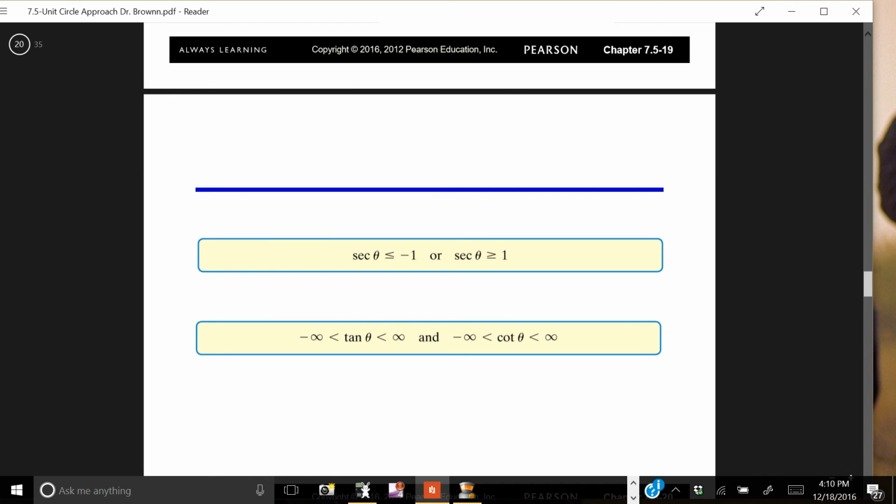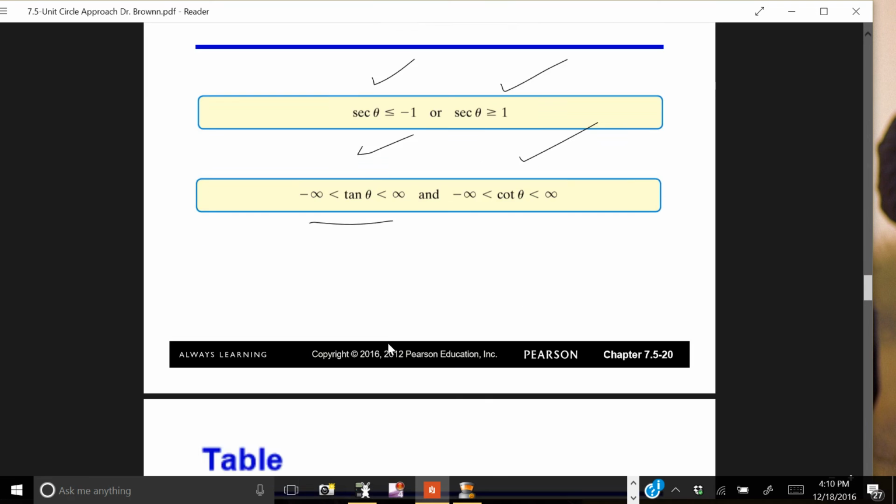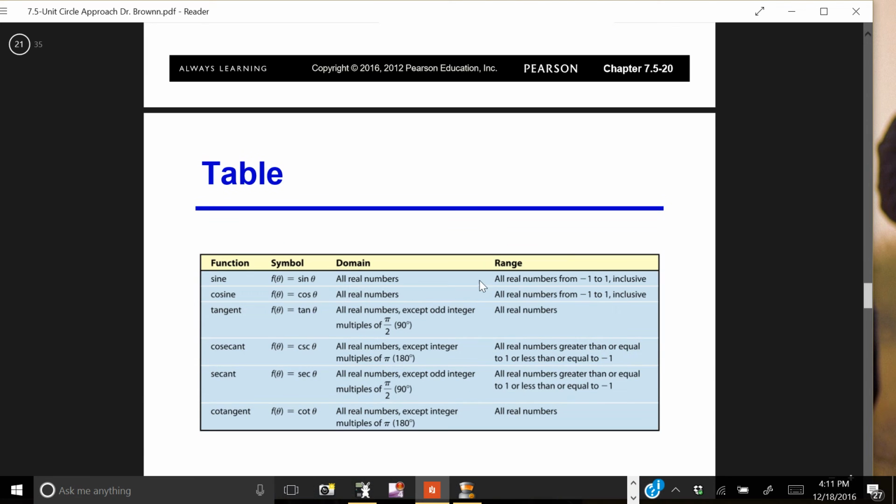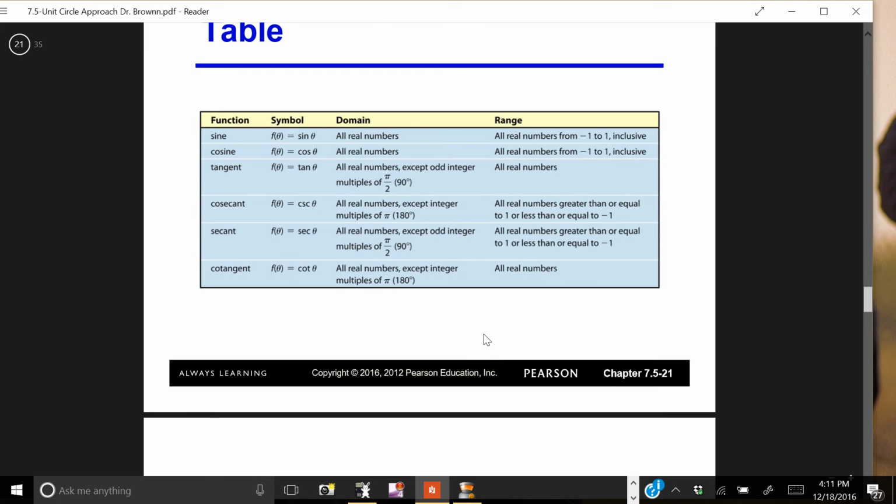Again, the secant has got to be less than or equal to -1, or more than or equal to 1. And then the tangent function can go between -infinity and +infinity. This is just a table with the domain and range of the sine, cosine, tangent, cotangent, secant, and cosecant functions.